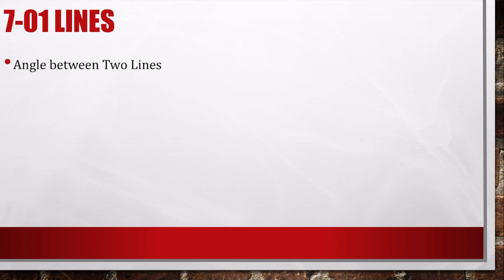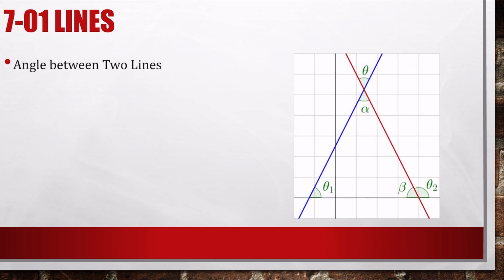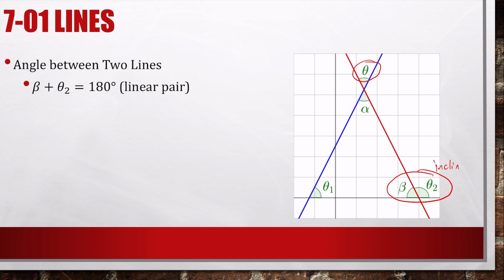We could also find the angle between two lines, and so we're looking for this angle up there. Looking at all this geometry and the angles I have here, these two angles are a linear pair. Now theta 2 is the inclination of line 2.